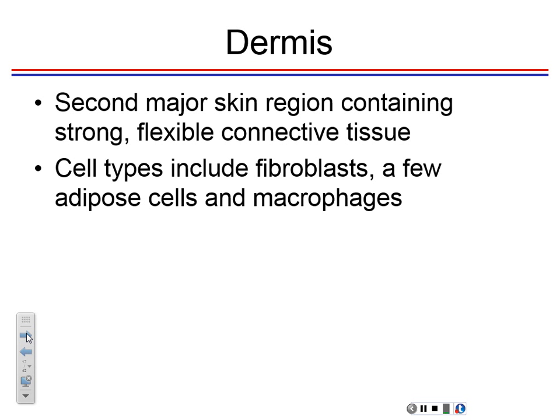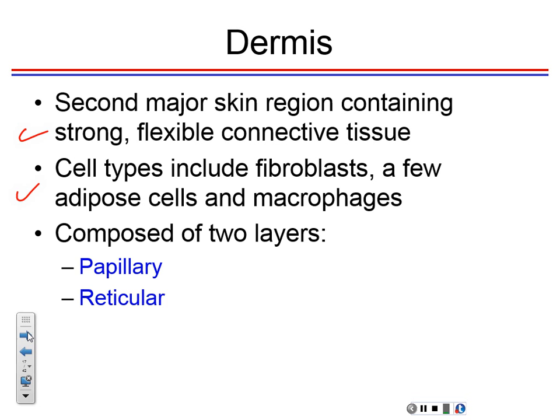Cell types: we get fibroblasts. Remember the blasts, they make the matrix where all these reticular fibers are located. And then there's adipose tissue and macrophages, which will deal with bacteria if it gets in there.